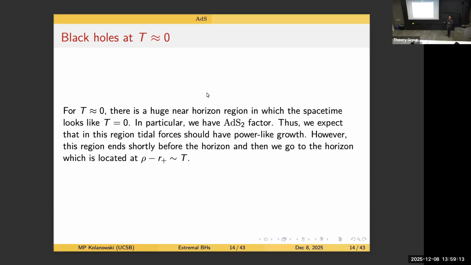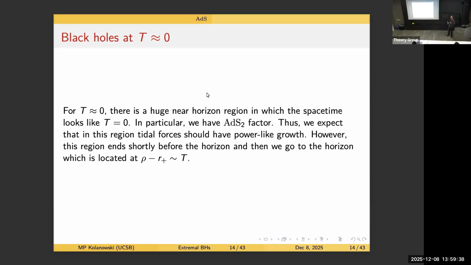But then at some point this region must end, and then it must smoothly cap off. But if it's smooth, then we would expect that fields shouldn't change too much between the AdS2 region and the tip of the cigar, and so the result should be similar.